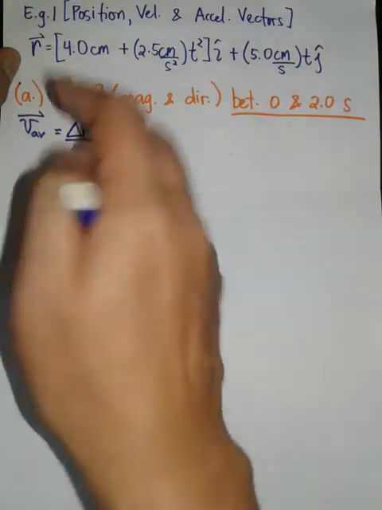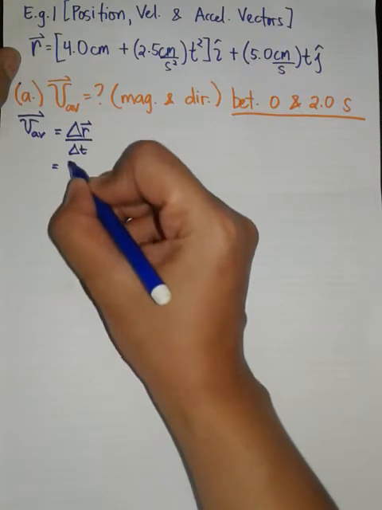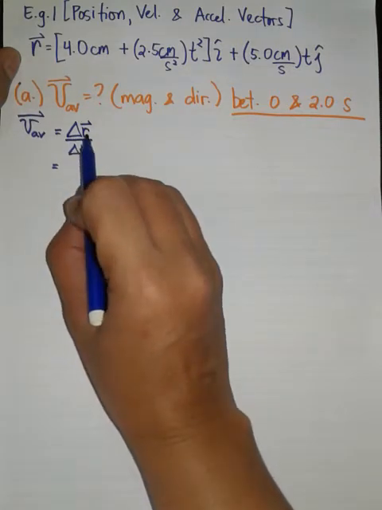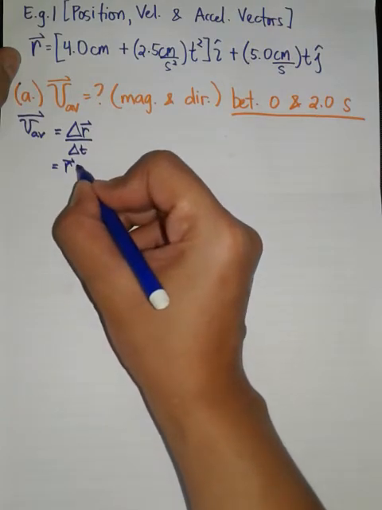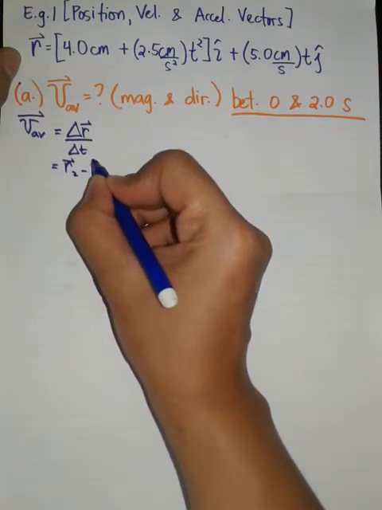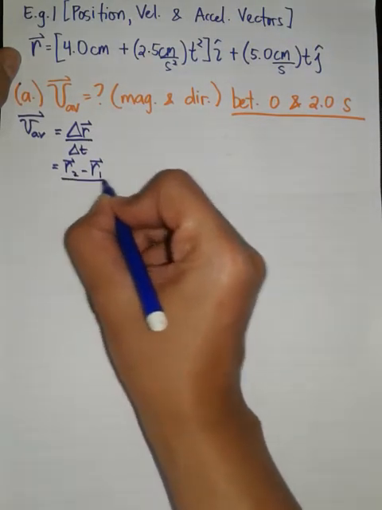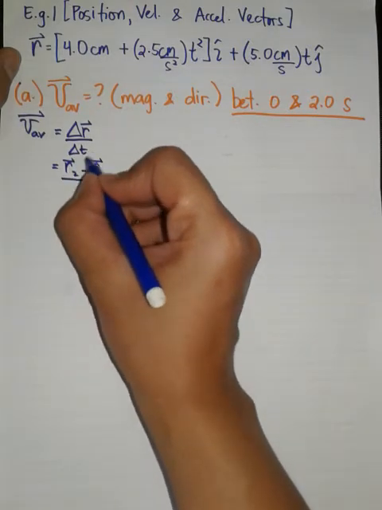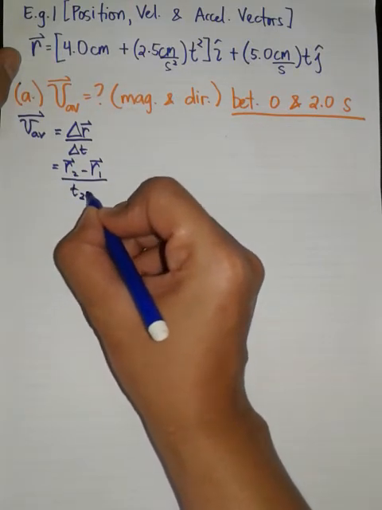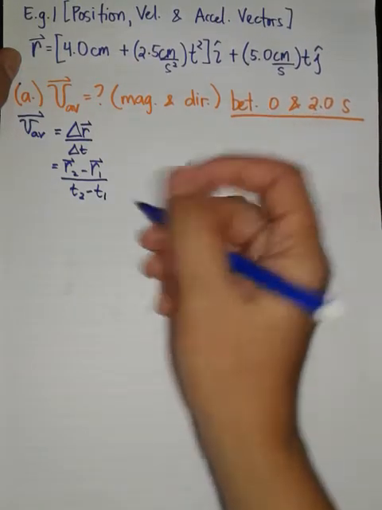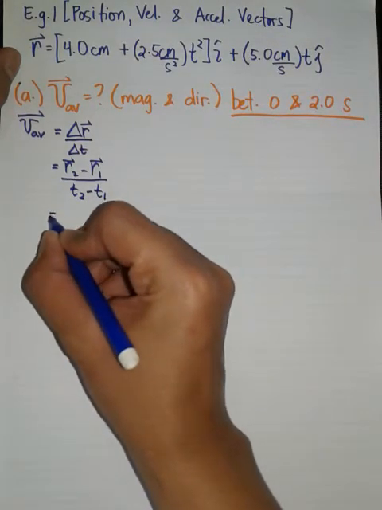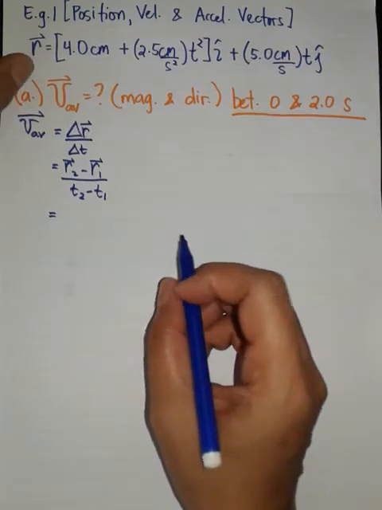Delta means final minus initial. So this means, this mathematical operator beside r, it's the final position r minus the initial position. And then for delta t again, the operator t, you have final time minus initial time. Initial time 0, final time 2. Okay, let's further simplify our terms here.